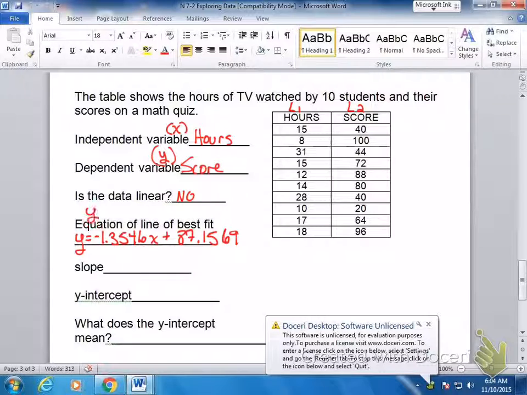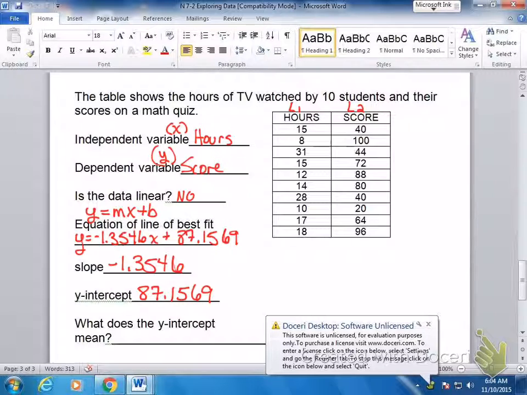Remember, this is based on the equation Y equals mx plus b. So it asks us for our slope in the next one, where our slope is the negative 1.3546, the number in front of x. The y-intercept is the b, that's the 87.1569. So those aren't too tough questions.